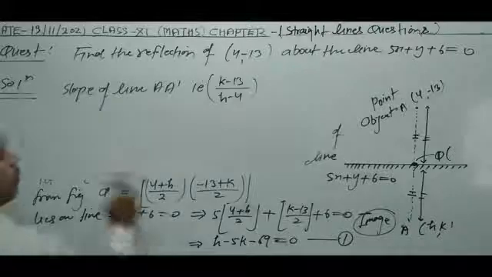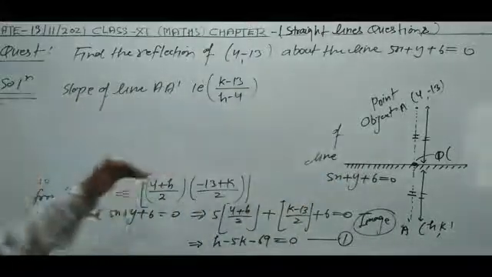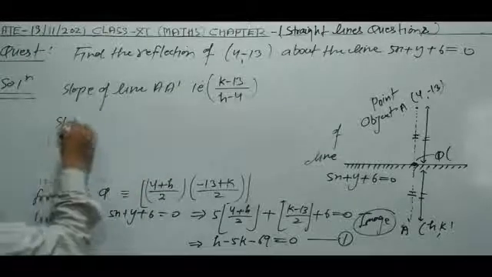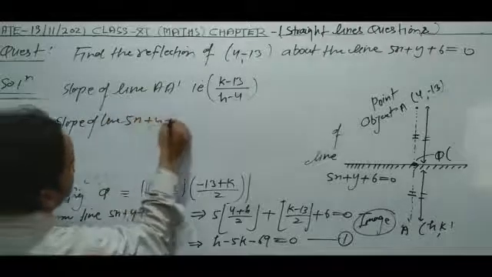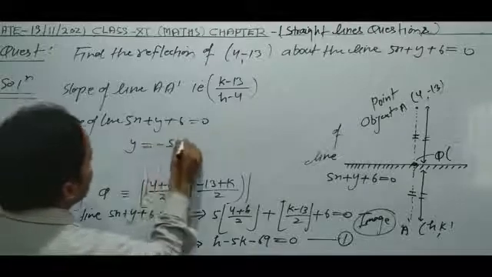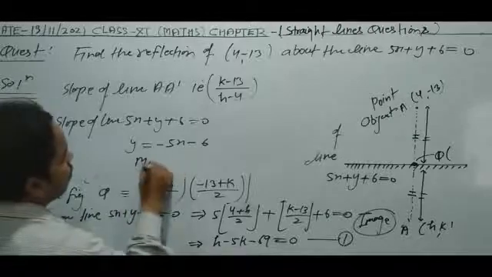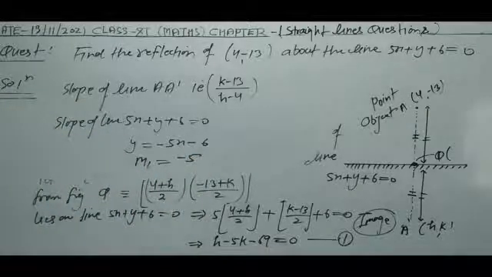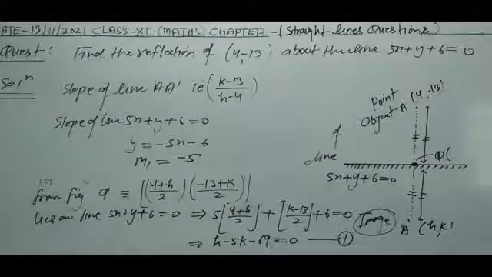This is equal to the slope perpendicular to the line 5x plus y plus 6 is equal to 0. That will be y is equal to minus 5x minus 6, so its slope m1 is minus 5. The slope of the perpendicular will be 1 by 5, because the product will be minus 1.